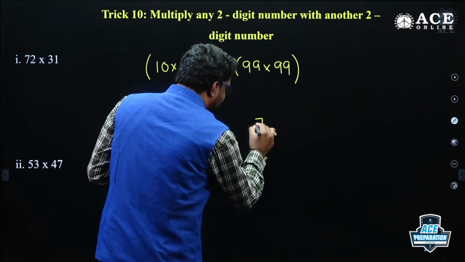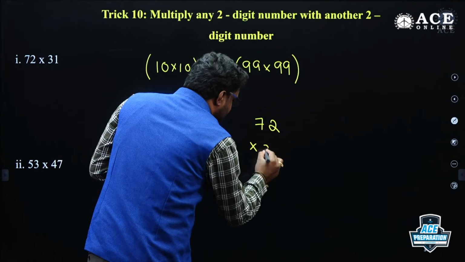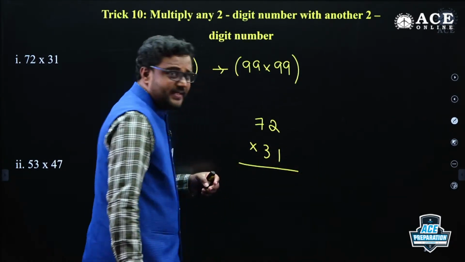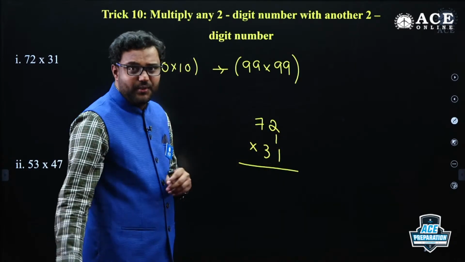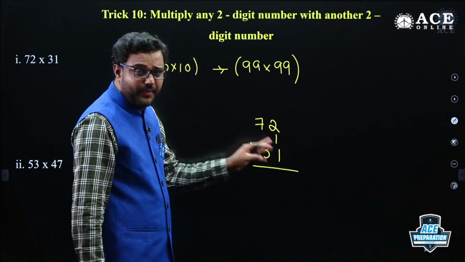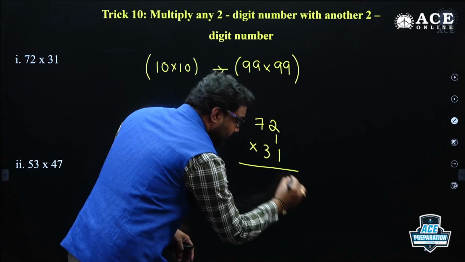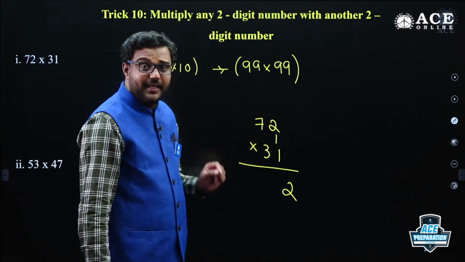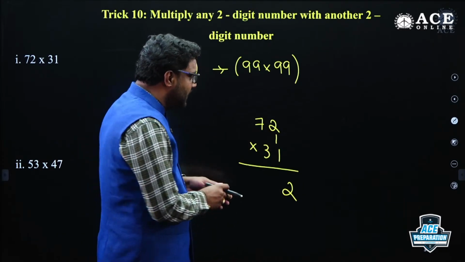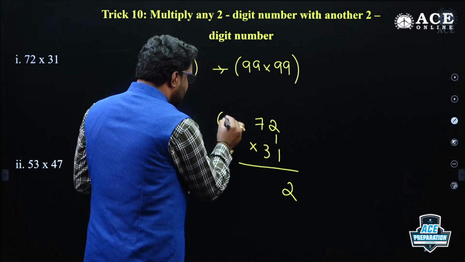72 into 31. So guys, first, take the units place. 2 into 1, units place multiplication, is nothing but 2. Keep it here. Consider this the first step.